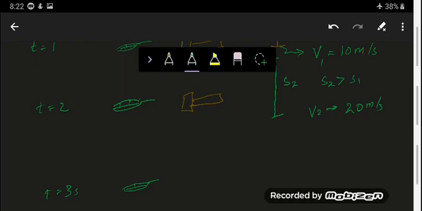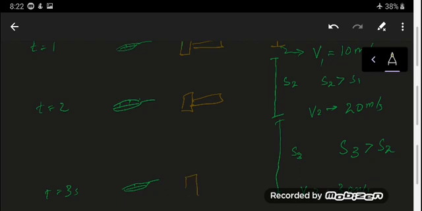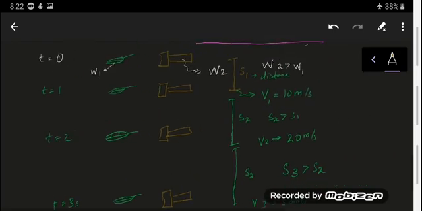Now this distance has increased from s2 to s3, and the velocity has also increased to 30 meter per second. So this s3 is now greater than s2. And both of them fell at the same time. So you see that this is the trend. At time t is equal to 0, they started falling. At t is equal to 1, they had a velocity of 10 meter per second, both of them.